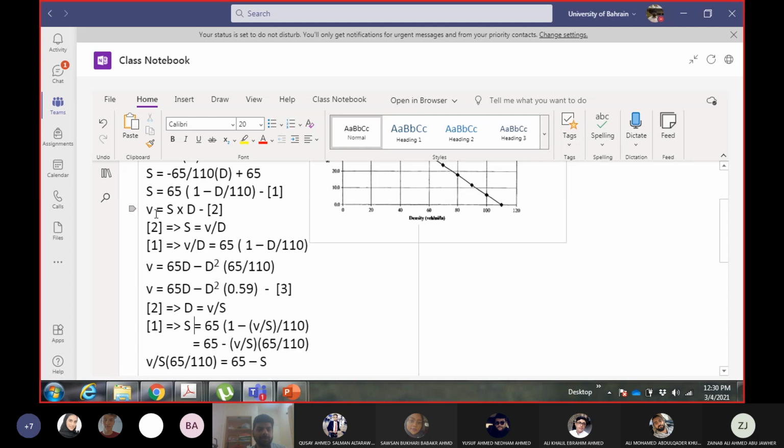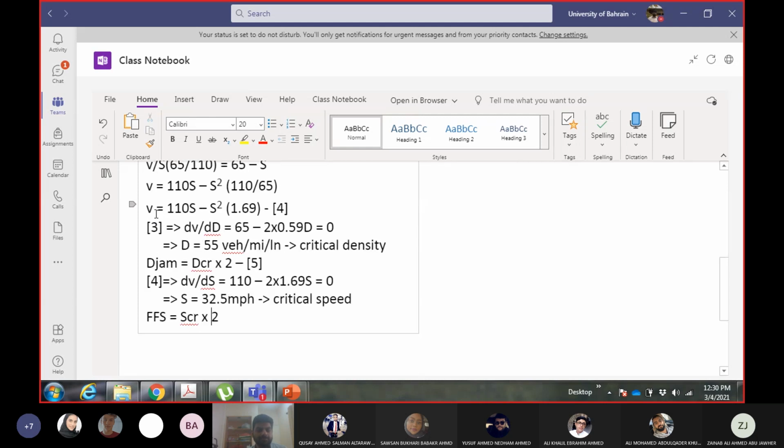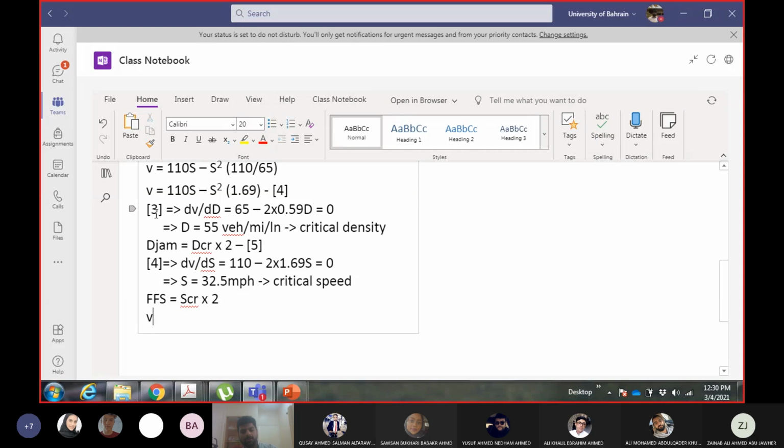So give me the capacity. V equals, so I'm using equation 2. It will be 55 times 32.5. How much? 1787.5.